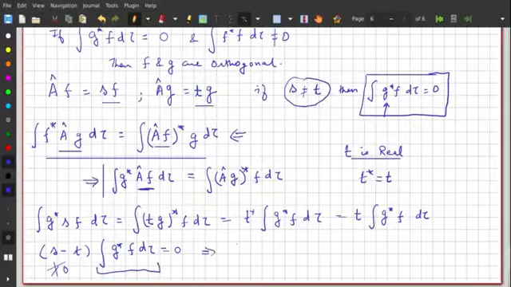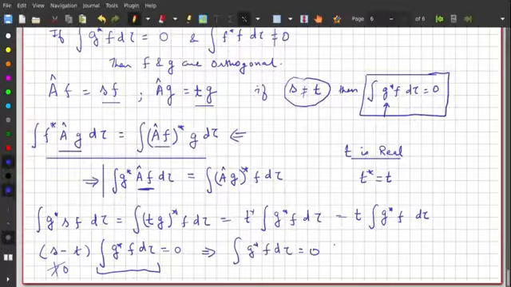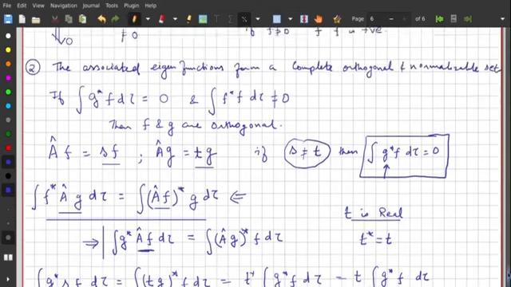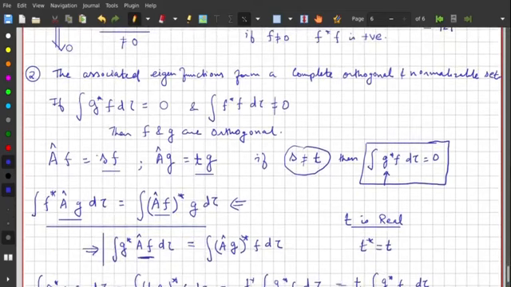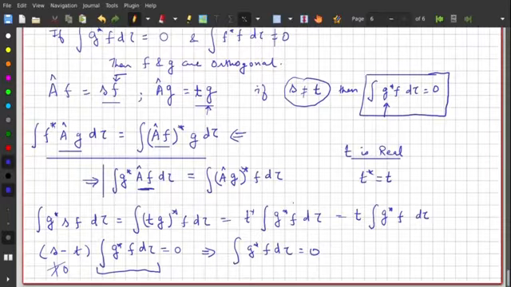Okay, so therefore this implies that the integral of g star f d tau is 0, and hence we prove that f and g are orthogonal. So f and g were the two eigenfunctions of the Hermitian operator, and we showed using just the definition of Hermitian operators that f and g have to be orthogonal.